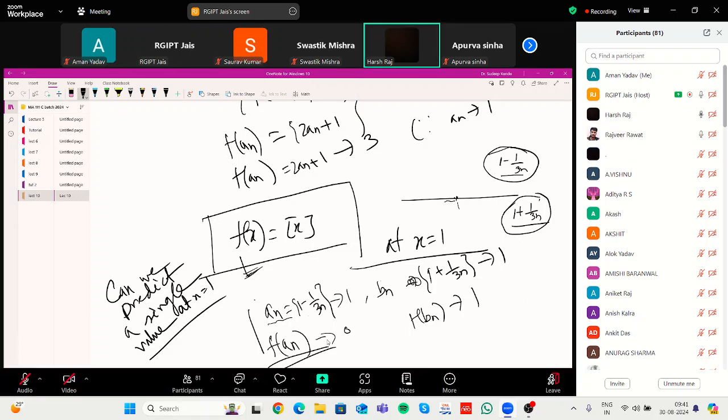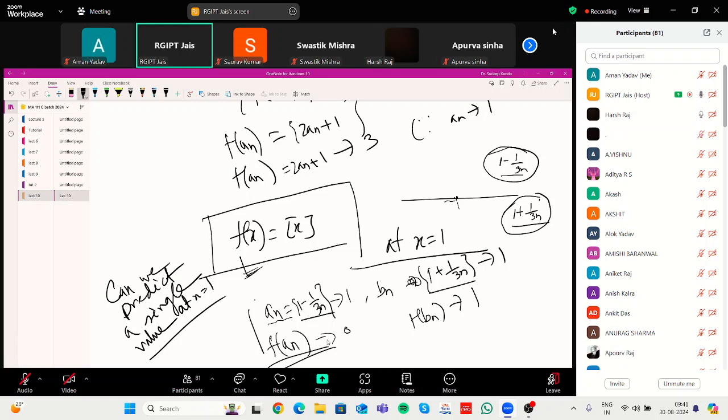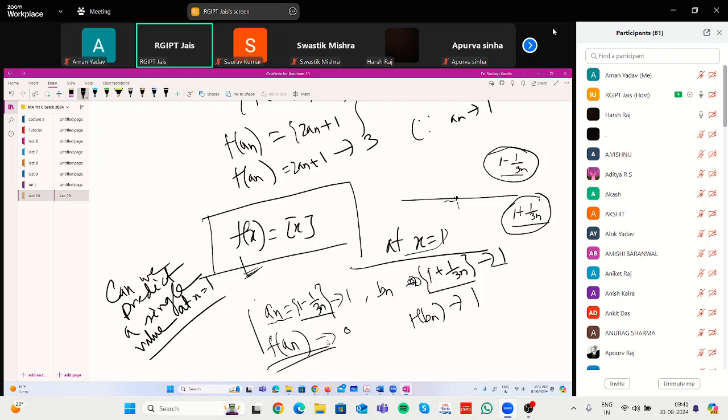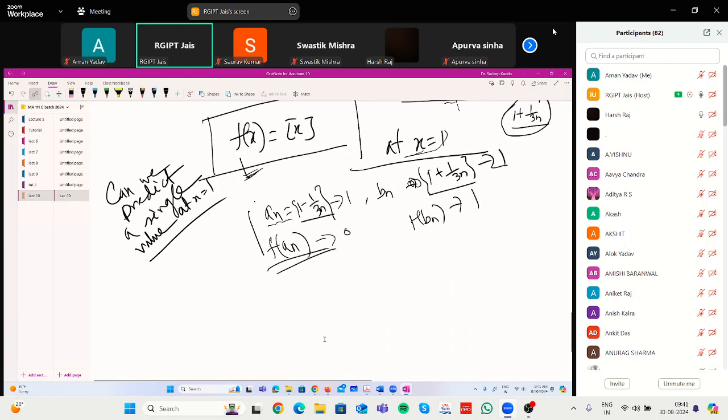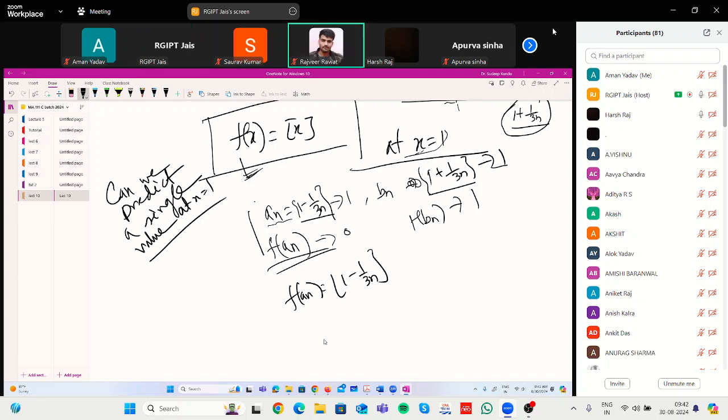Yes, sir. So we have taken two sequences, both converging to 1, because we have to find the behavior at x equals 1. Now we have to see what is happening with the f of a_n sequence. When a_n equals 1 minus 1 by 3n, f of a_n is the box function of 1 minus 1 by 3n, and this goes to 0.